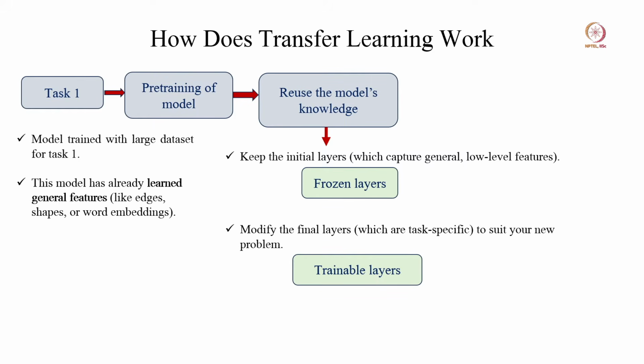and these are called the trainable layers. In this way we are using the knowledge that is already there in the pre-trained model for task 2. What is task 2? Suppose I have some medical images which tell the degree of tumor in a brain.